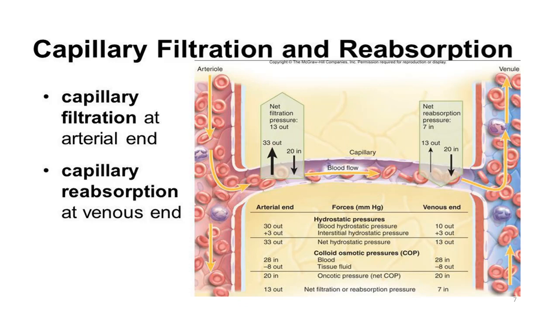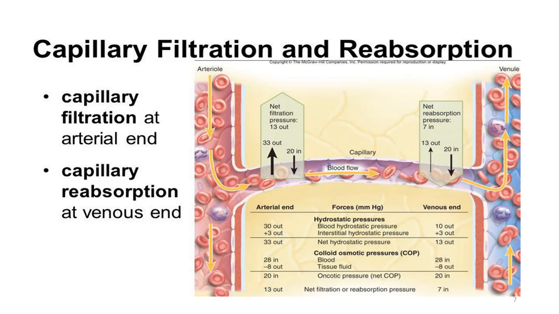And the other reason is that in the arterial end we exchange or diffuse O2 from the capillary into the interstitial fluid, but in the venous end CO2 diffuses from the interstitial fluid into the capillary. And you know, CO2 is more soluble than oxygen.